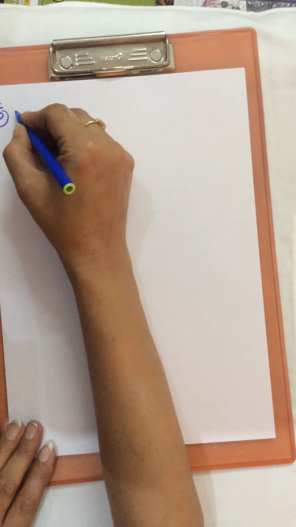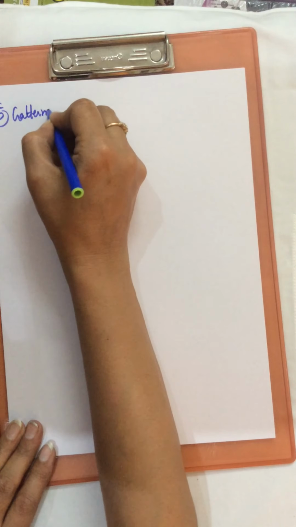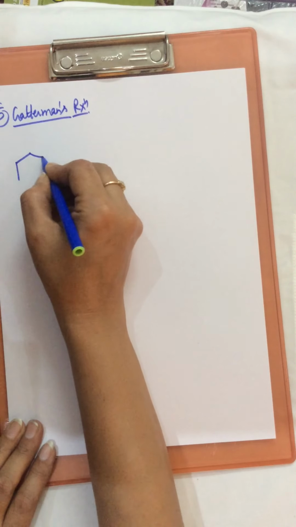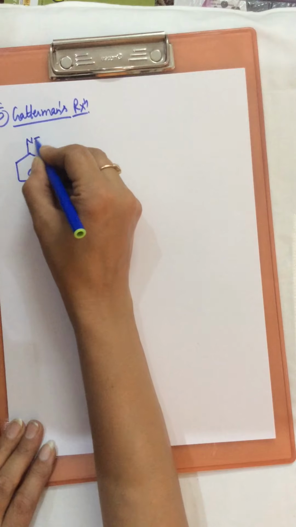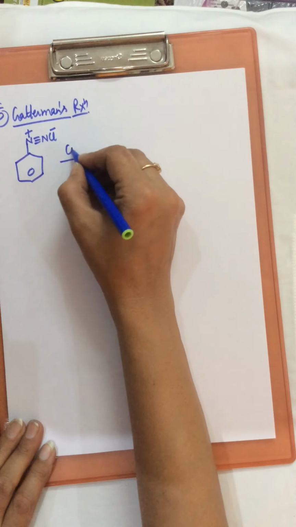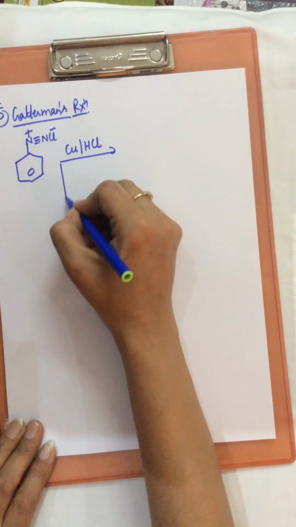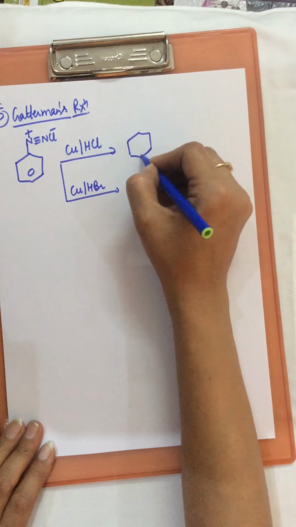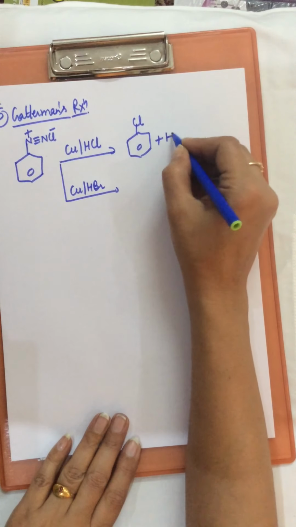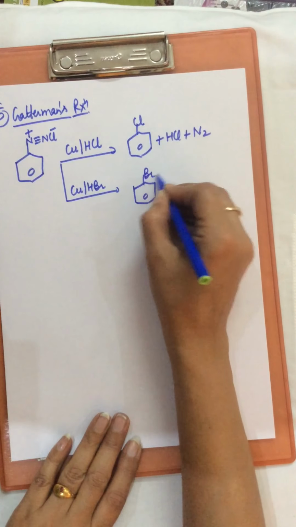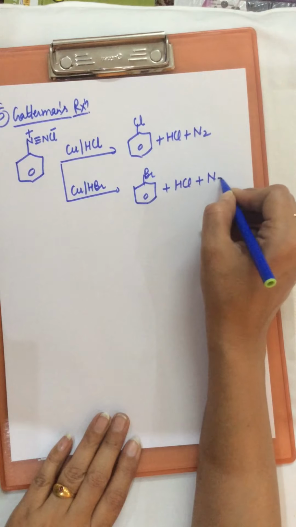In Gattermann's reaction, the advancement over Sandmeyer's reaction is that if we take benzene diazonium chloride and react this with Cu/HCl or with Cu/HBr, we will get the same product, chlorobenzene plus HCl plus nitrogen, and in this case also we are getting bromobenzene plus HCl plus nitrogen.